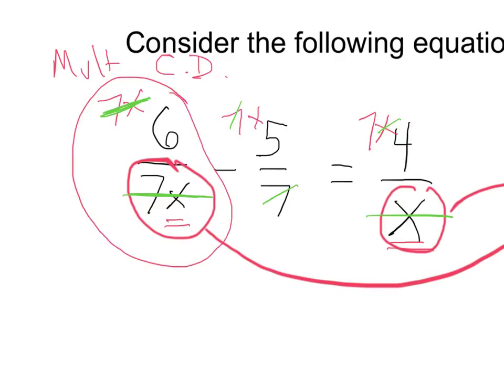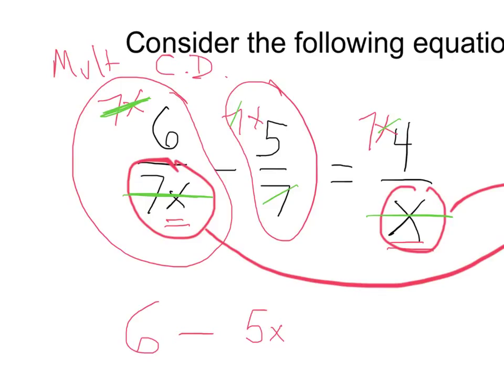So for that first one, all we're left with is just the 6 minus. For the second one, we're just left with x times 5. And then for the last one, we're left with 7 times 4.